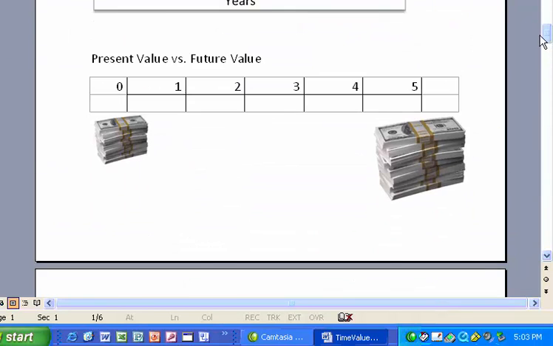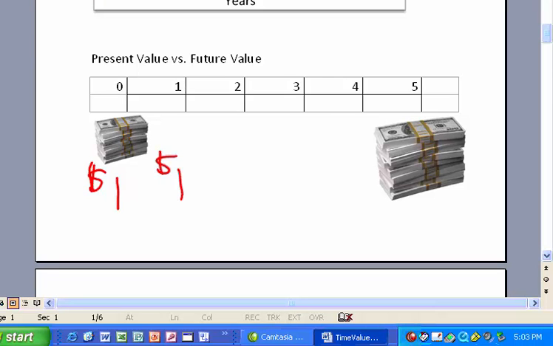The first concept is that if we have the present value and the future value, let me get rid of that little toolbar in the way here. You may not be able to see that. Sorry. The concept is, if we have $1 today and we have $1 a year from now, which is more valuable?